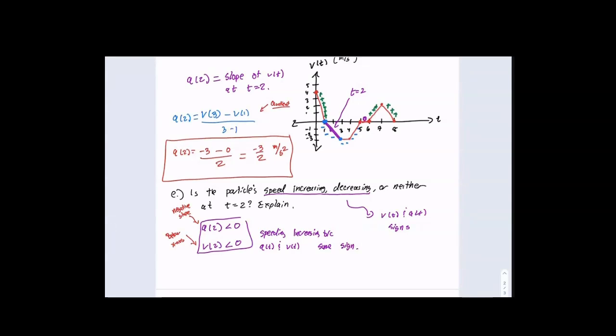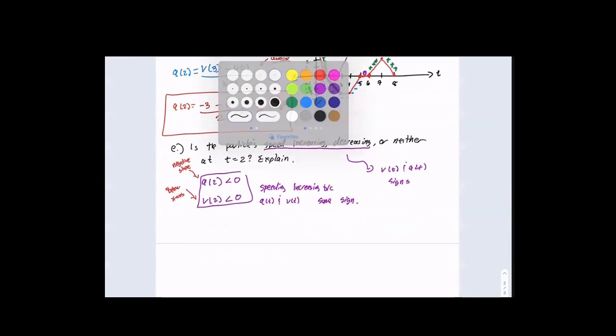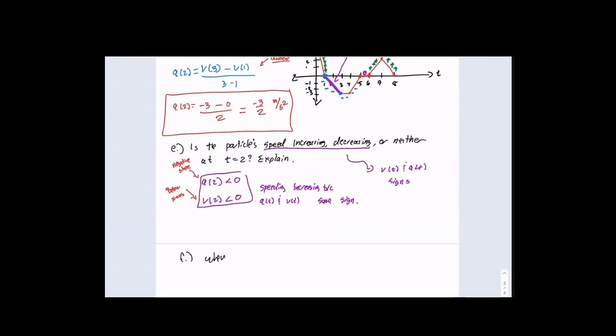We have one more type of question. It's the same follow-up to this right here. I'm just going to state this one verbally. When does the particle change direction? Isn't that t equals 1 and t equals 5?